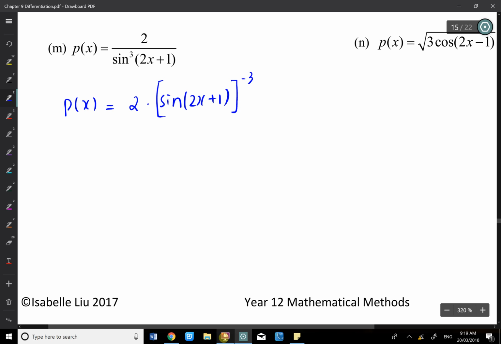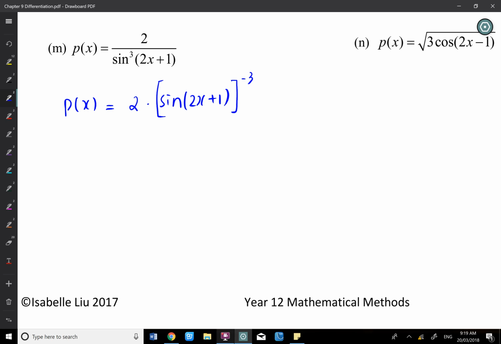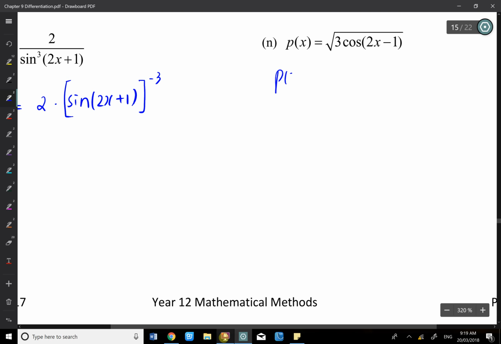Remember I told you the 3 in the middle is actually the power, so it's the whole thing to the power of 3. If I want to derive it, I make it to the power of negative 3. For this p(x), we have 3 cosine 2x minus 1, and then to the power of a half.